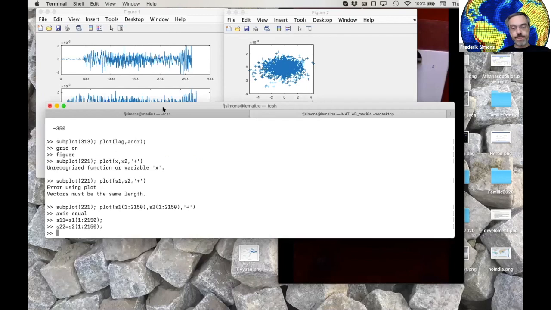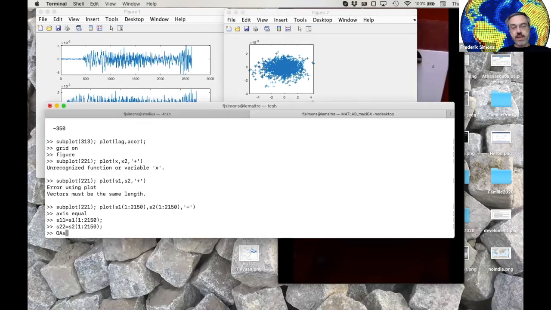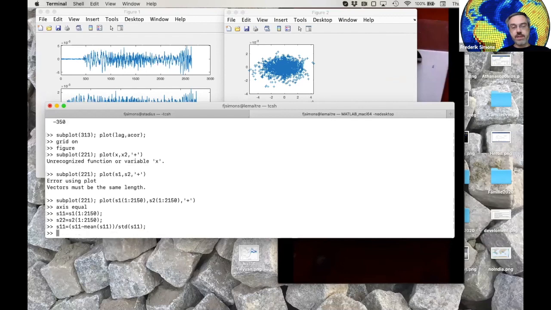And I'll go back and I'll redefine S11 as S11 minus the mean of S11, divided by the standard deviation of that, forever now defined.